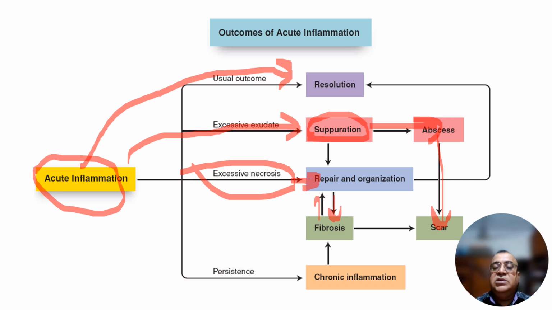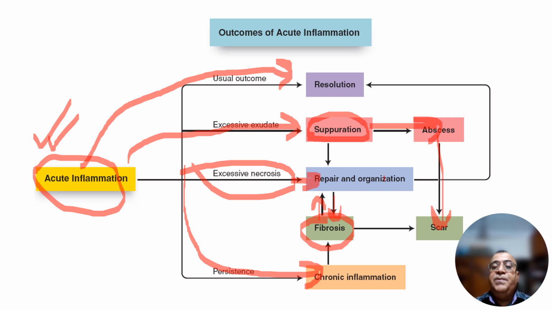That is the major hallmark of this condition: extensive tissue damage. The primary acute inflammatory damage is more. There is a large area affected, so there will be fibrosis. Or if the acute inflammation is persistent, it will lead towards chronic inflammation.